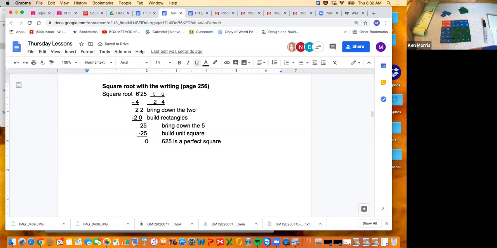We use up 25 units of the 25, leaving us with 0, which tells us that 625 is a perfect square, and the root of it is 25. Any questions?